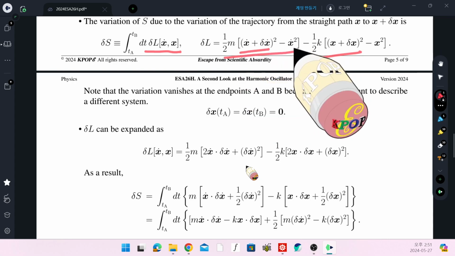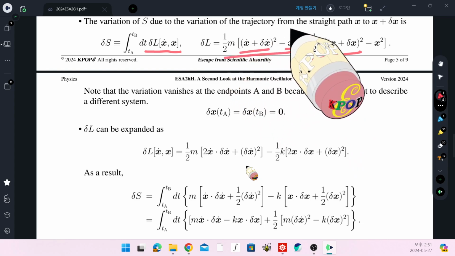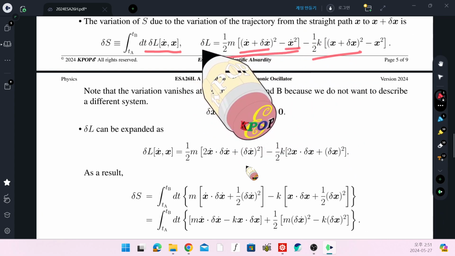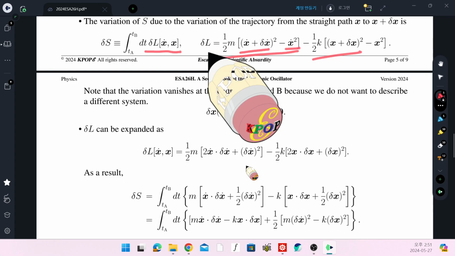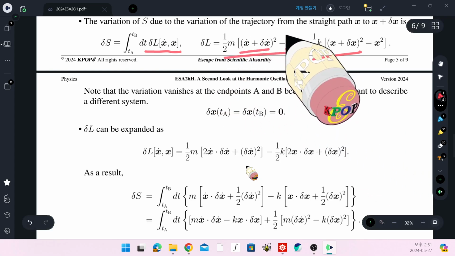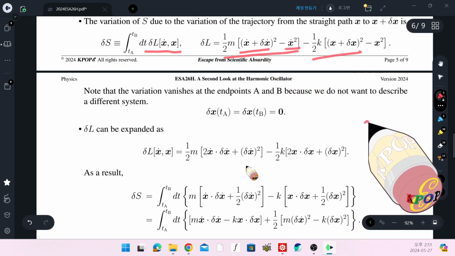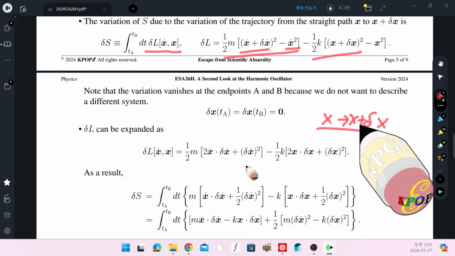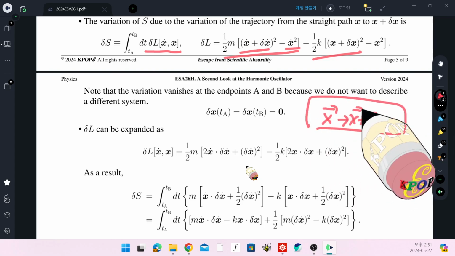So this difference may bring in the variation of the kinetic energy due to the variation of the path from x to x plus delta x.